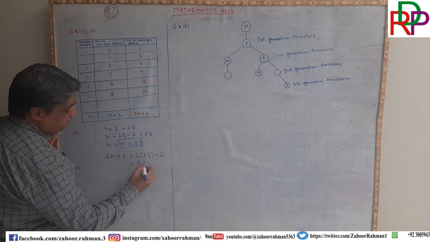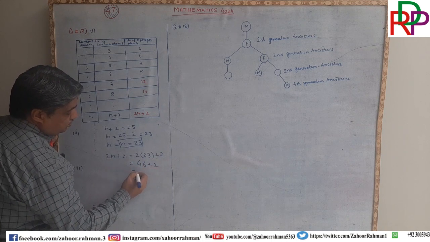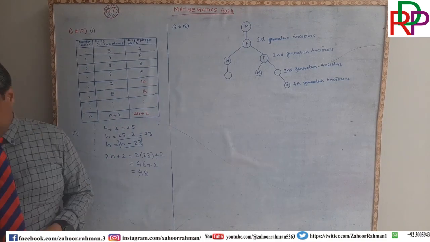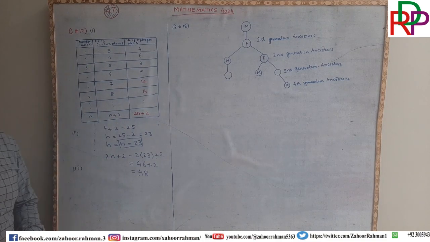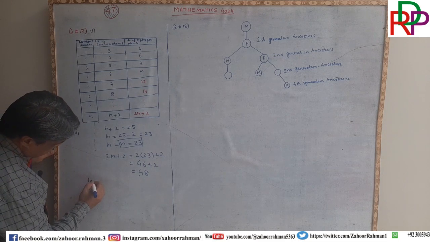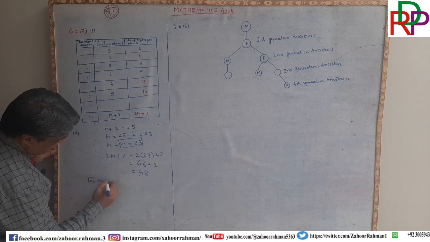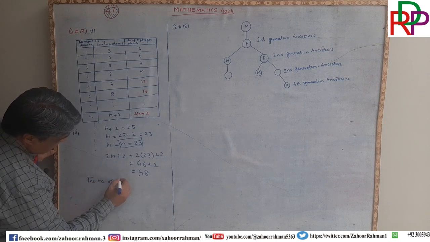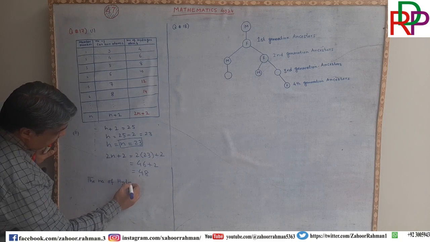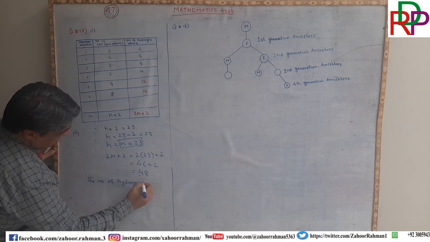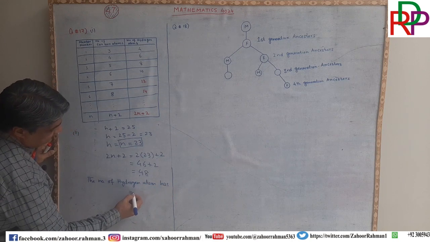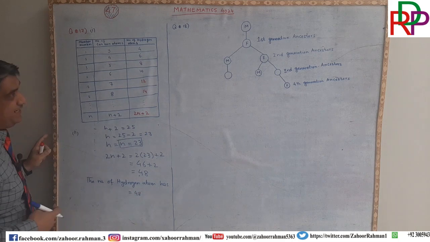So this will be 46 plus 2 and that will be equal to 48. So the number of hydrogen atoms the member has is equal to 48.